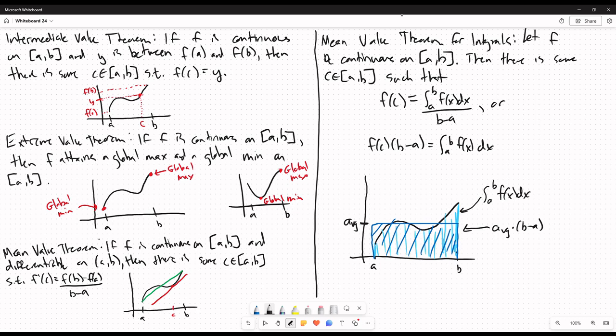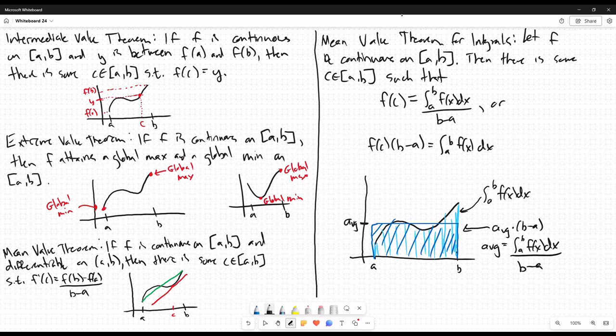And we call this thing the average value, and if you do a little bit of arithmetic, you will see that average equals the integral from a to b of f of x dx divided by b minus a, because we're saying these things have the same area, so they have to be equal.